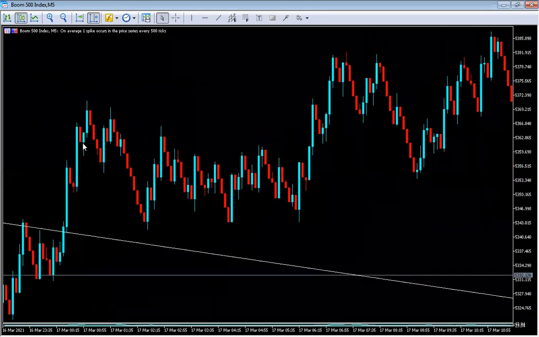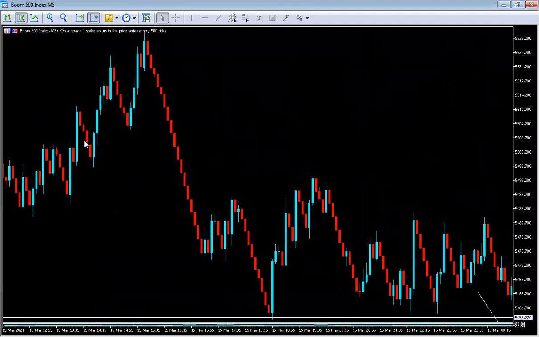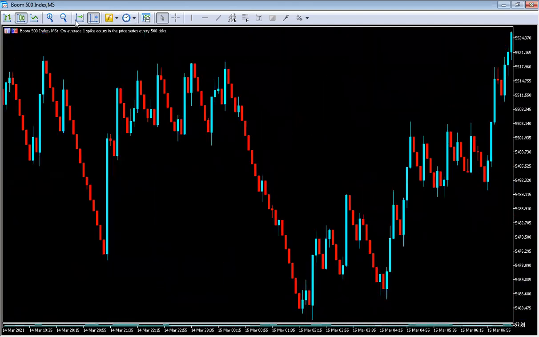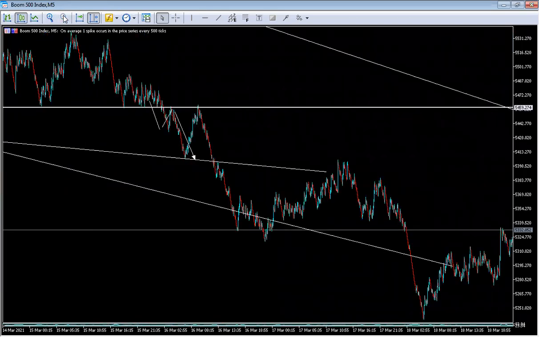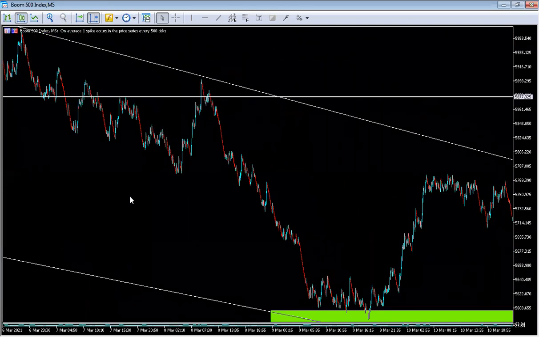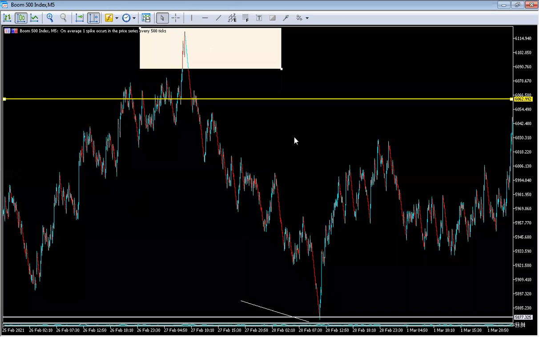Where do we find it? Okay, this is the area.